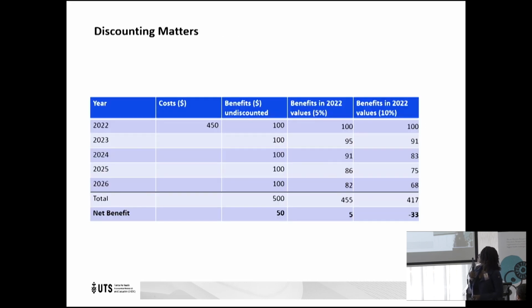Okay, so this is just an example of when you apply discounting. The value of something costs $4.50. The benefits, if it's undiscounted, sum up to 100%.